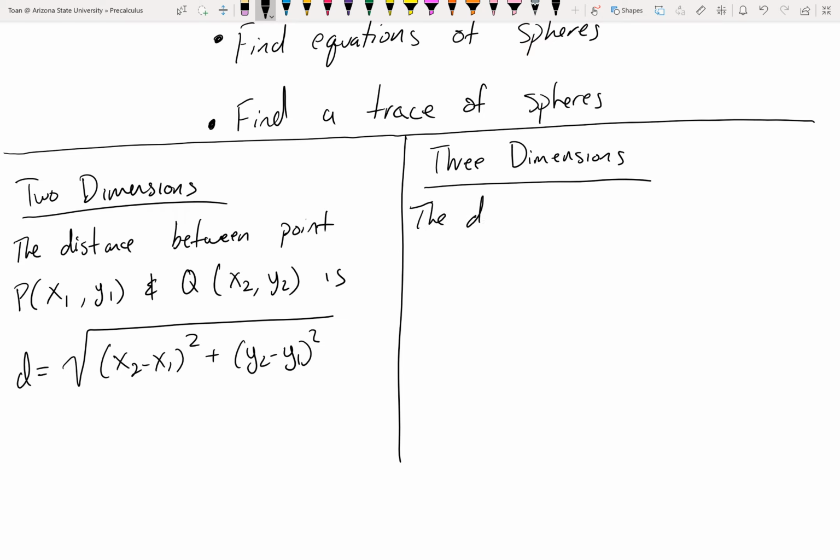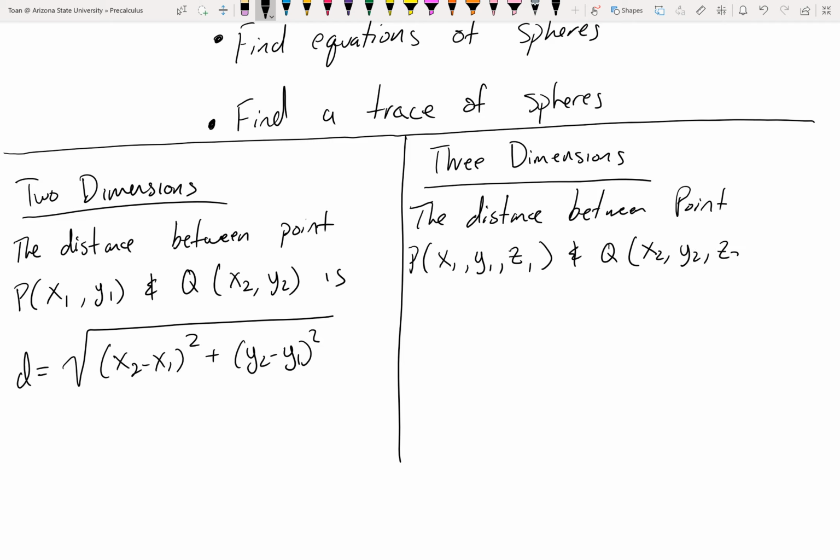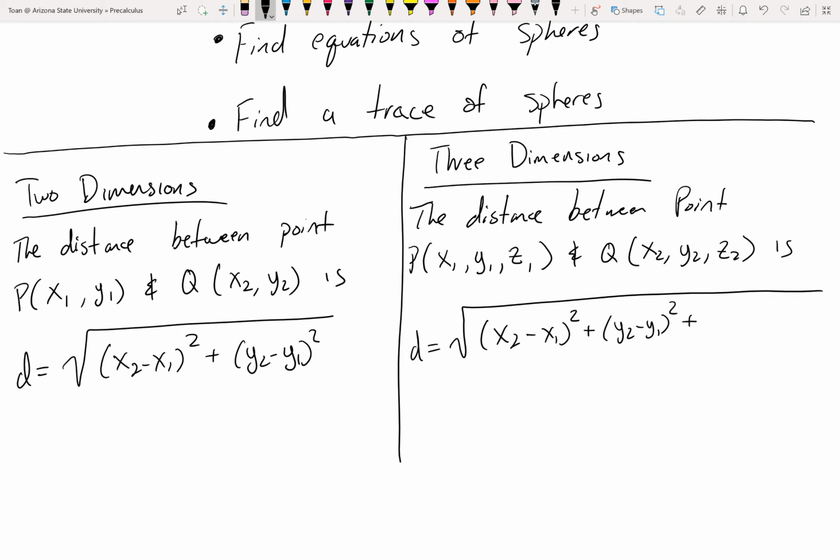So the distance between point P, (x1, y1), but since we're in 3 dimensions it also has a third axis, the z-axis, z1, and point Q, which is (x2, y2, z2), is the difference in x squared plus the difference in y squared, as we expect, but it also tacks on the difference in z squared.